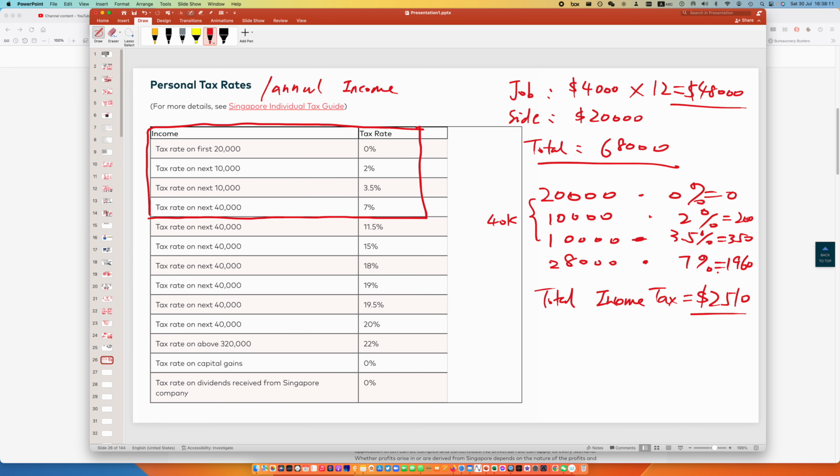Yes. So that means the person only has 28k. The next 40k means the maximum is 40k, but if you don't make 40k, never mind, you use 28k. If you make 40k, then your 40k will be times 7%, instead of the 28k times 7%.